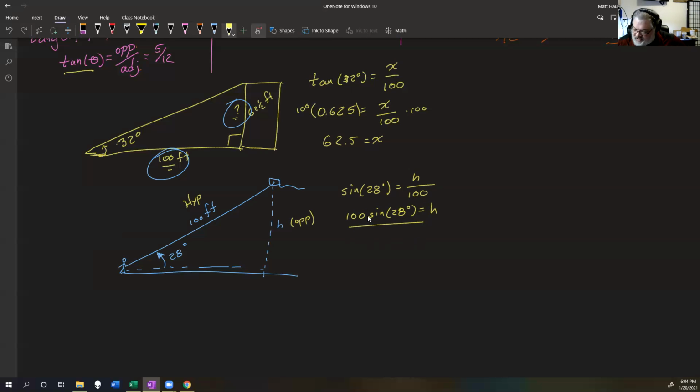But we might as well find a decimal approximation since we've got the ability to do so. What is the sine of 28 degrees? It is 0.469. Multiply that by 100 and 46.9 feet.